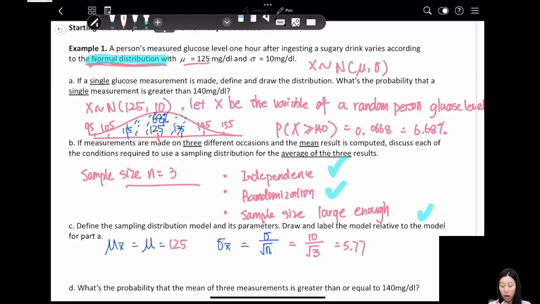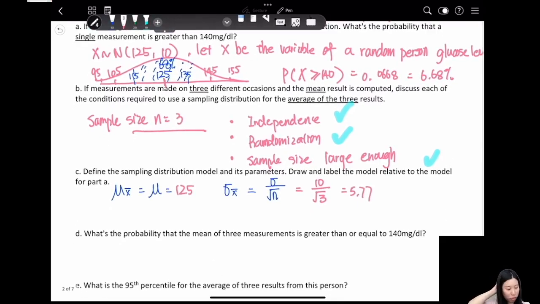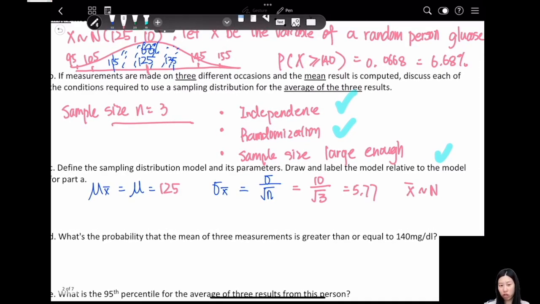Okay, so now we still need to draw and label the model relative to the normal distribution. So we know that this x bar follows a normal distribution. This x bar means the sampling distribution with a mean 125 and the sigma is 5.77.